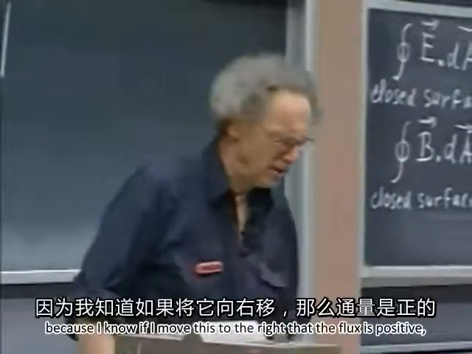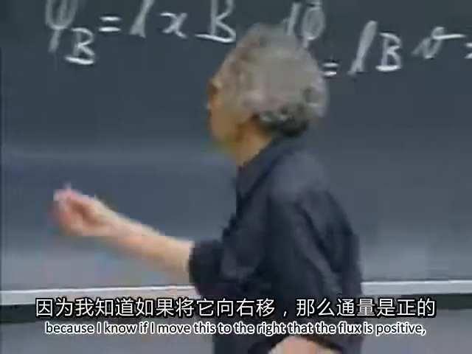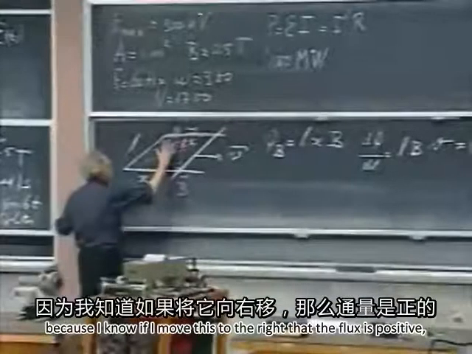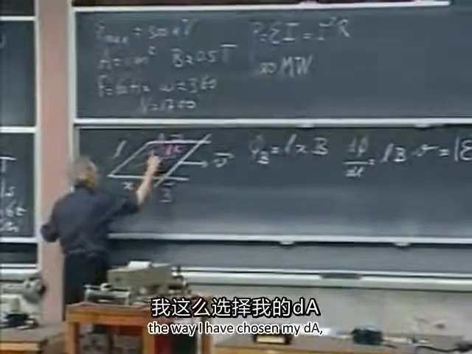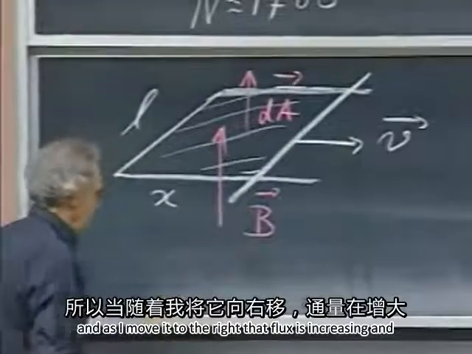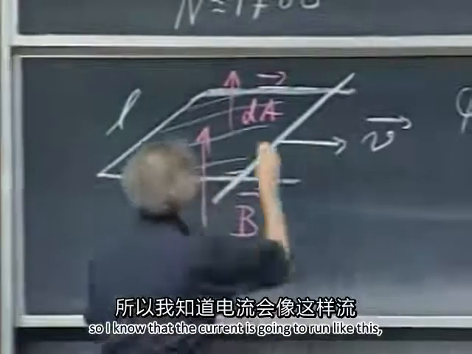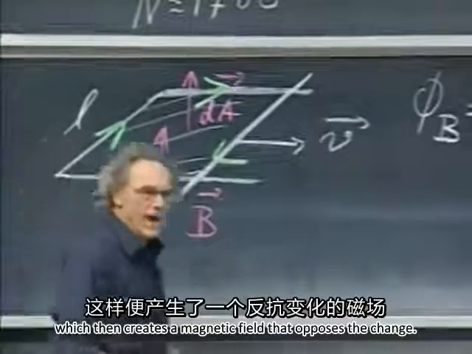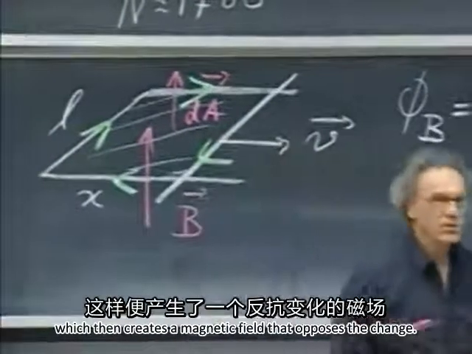I always know the direction. Because I know if I move this to the right, that the flux is positive, the way I have chosen my dA. And as I move it to the right, that flux is increasing. And so I know that the current is going to run like this, which then creates a magnetic field that opposes the change.